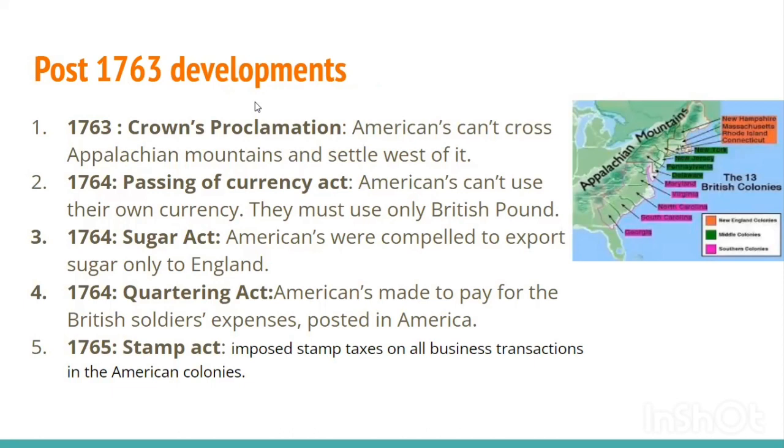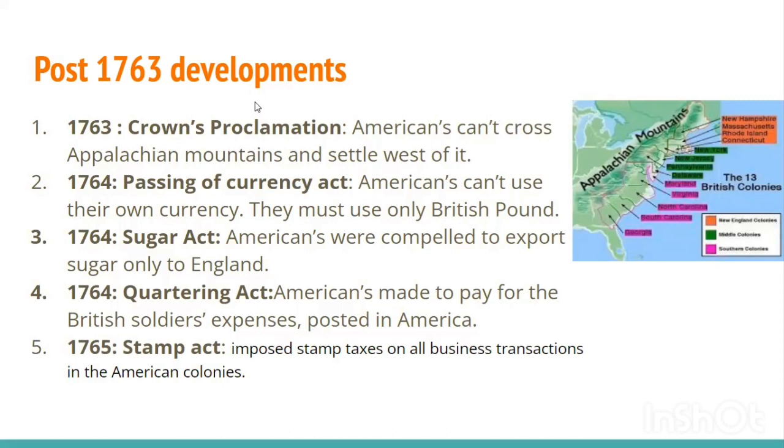So in 1763, the first act was the Crown's Proclamation. This is not exactly an act, it's a proclamation, a declaration given by the British Crown. The declaration was that Americans were not permitted to cross the Appalachian Mountains, and they could not go west of it. The area west of the Appalachian Mountains was mineral rich, so they didn't want Americans to cross that area and get access to resources.